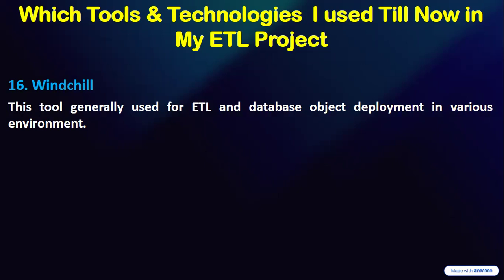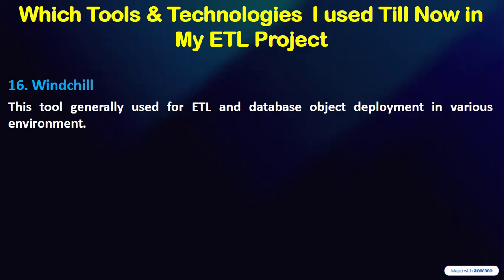Like in the development environment, you develop the code. Then once the development is complete, you have to deploy that code into the QA environment. Then after QA, you have the production environment. So in order to deploy the code from one environment to another environment, this Windchill tool is utilized. Okay.